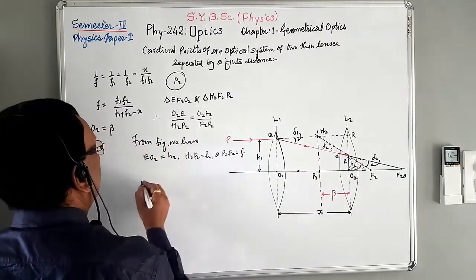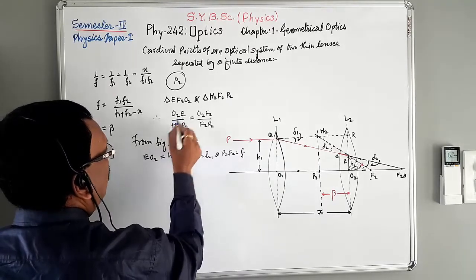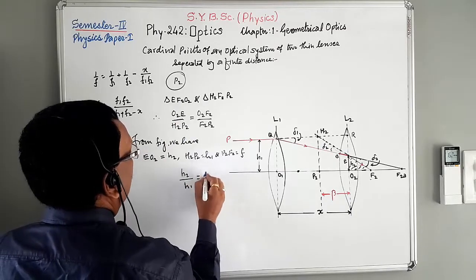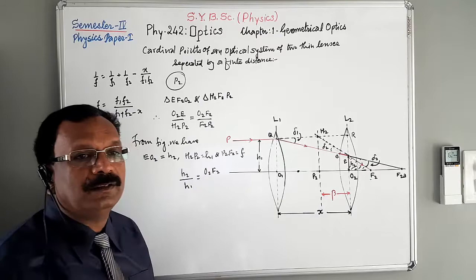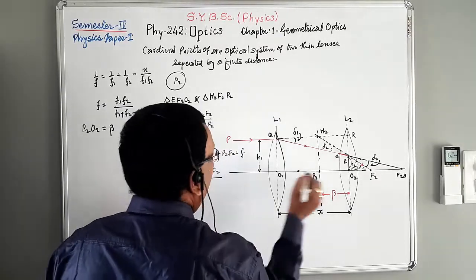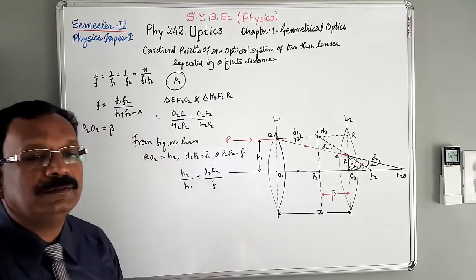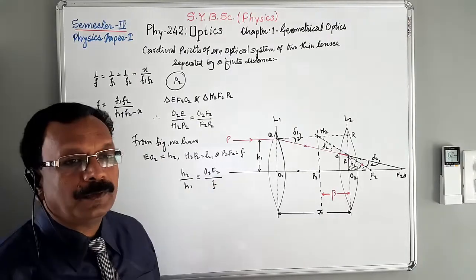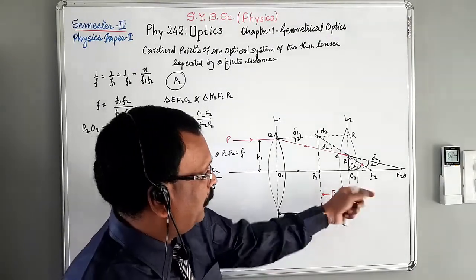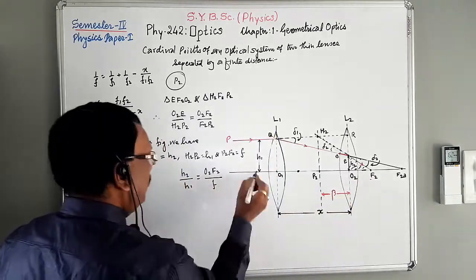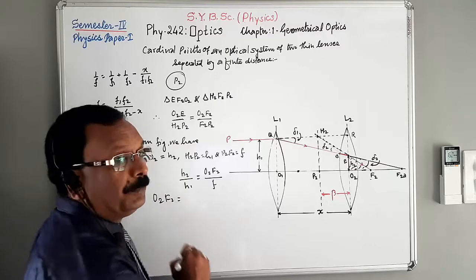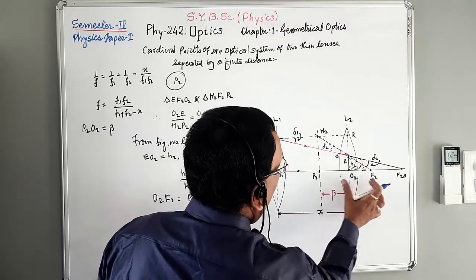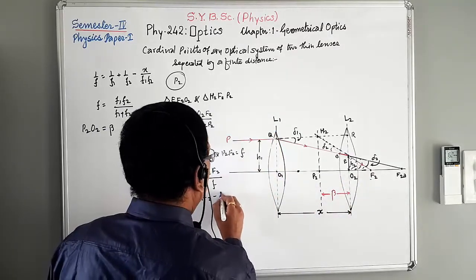So by substituting this value here, O2E or EO2, we have H2, H2P2, we have H1, then O2F2 as it is, upon P2F2 or F2P2, which is nothing but F. But in this figure, O2F2 is equal to P2F2 minus P2O2.